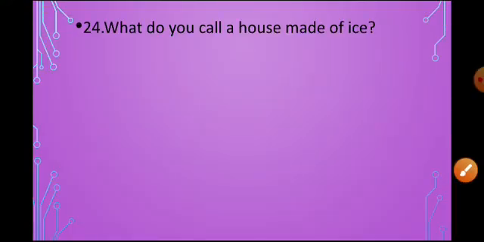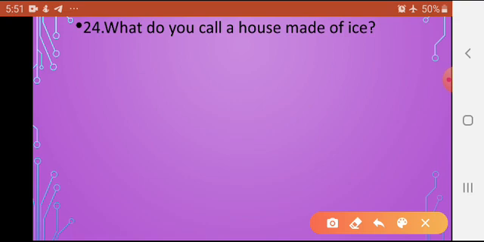Now next question. What do you call a house made of ice? Suppose that it is a house. I cannot make a house, but I am trying to make a house.